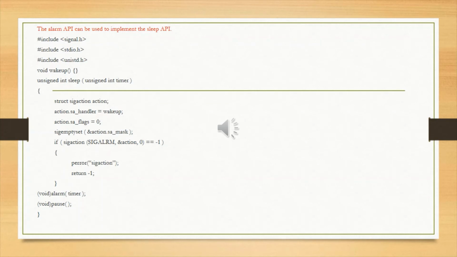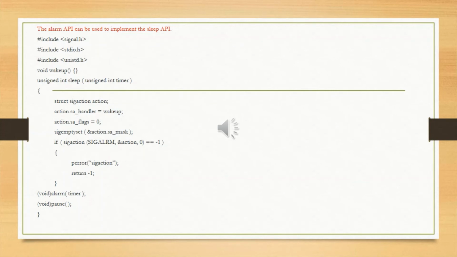Here, the sleep function sets up a signal handler for SIGALRM, calls the alarm API to request the kernel to send the SIGALRM signal after the timer interval, and finally suspends its execution via the pause system call.